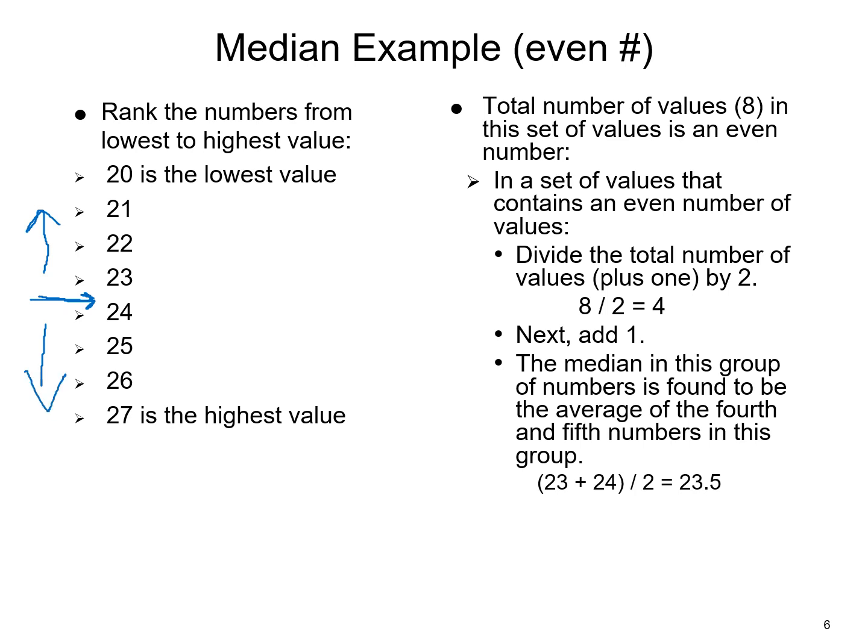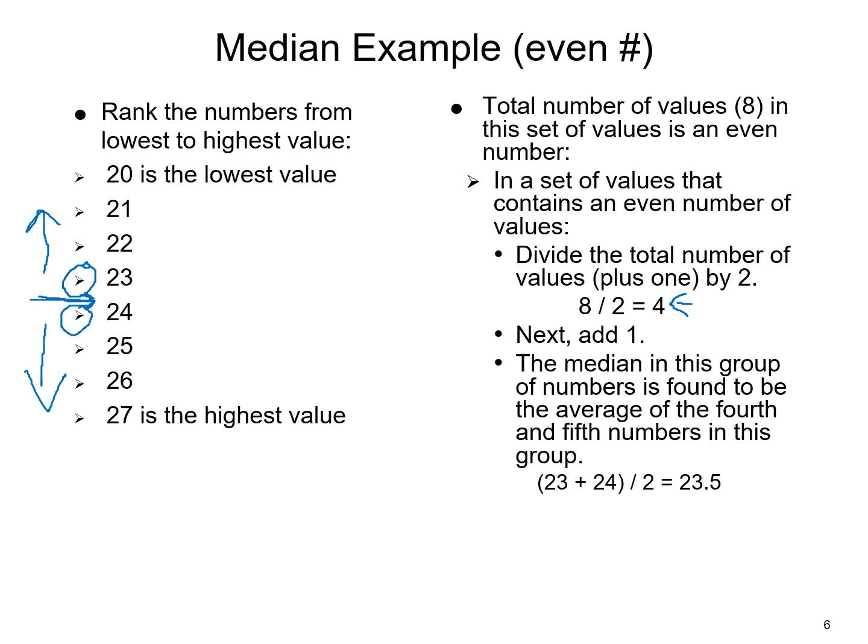Well, if you have a large value of numbers, again, you're going to have to figure out where that median is. So in order to do that, you take the total number of your even numbers, which is 8 total, divided by 2 to give you 4. So we know that value number 4 is going to be of interest. Well, then we add a 1 to that to give us a total of 5.